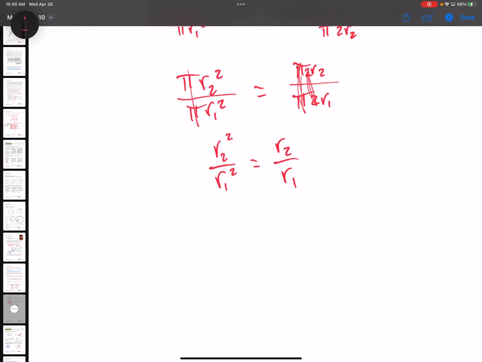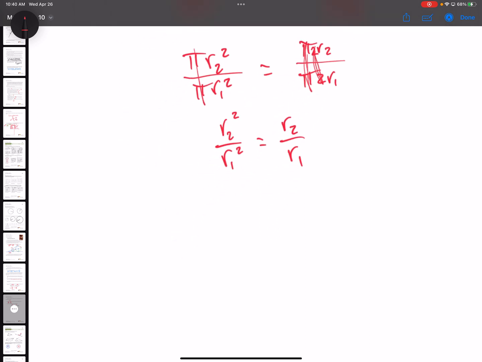Let's just for kicks and giggles say that the radius of 2 is equal to 5 and the radius of 1 is equal to 2. Let's plug these in and see if they're the same. 5 squared over 2 squared equals 5 over 2? We could put a question mark there.